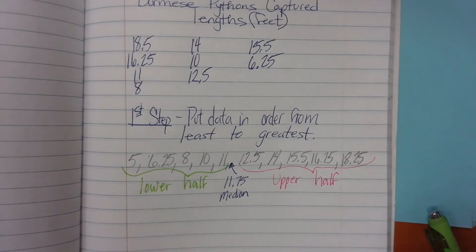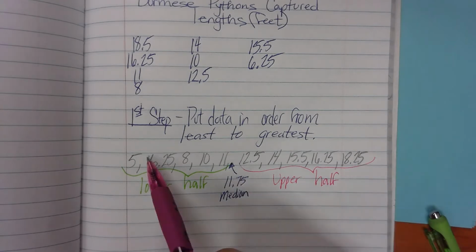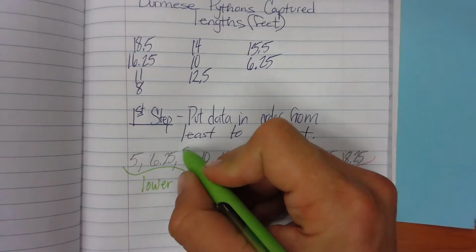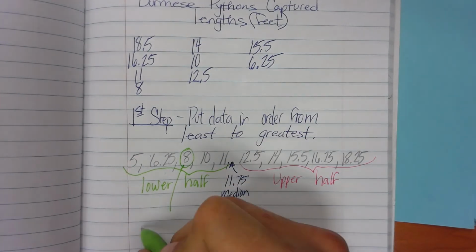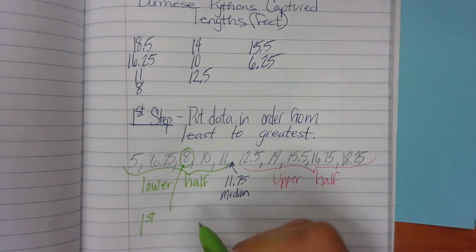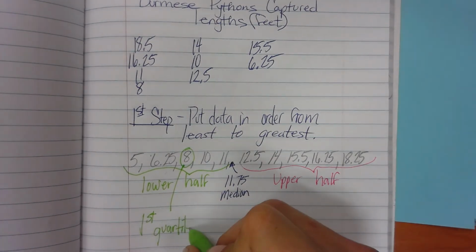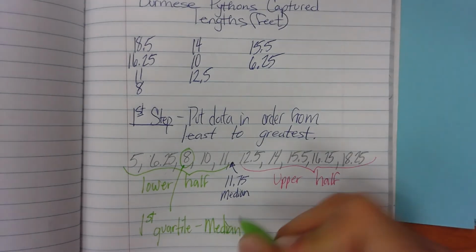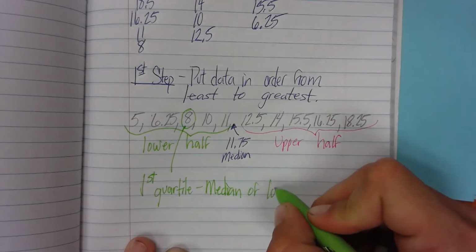Good thing is, since we had an even number, now that they're split in half, we have an odd amount. So this is my first quartile, or median of the lower half.